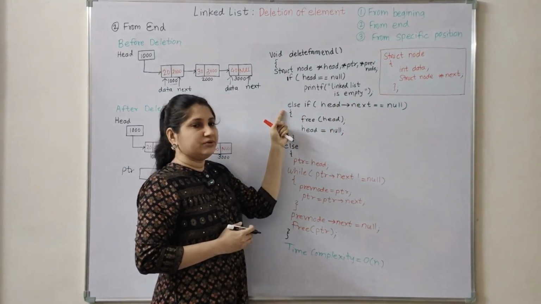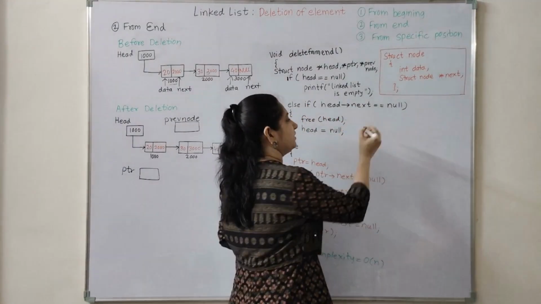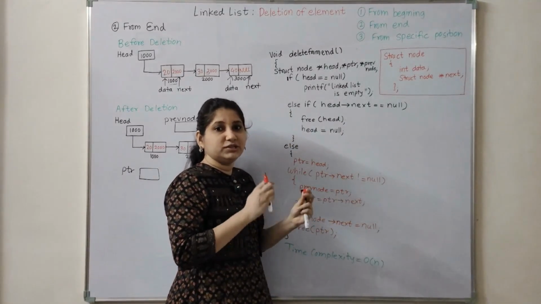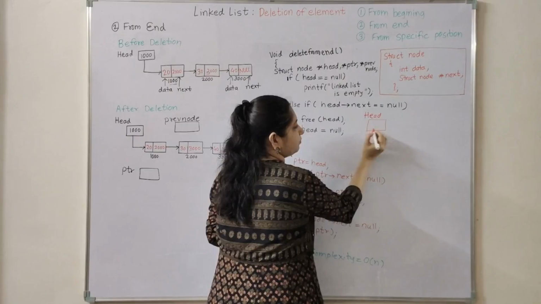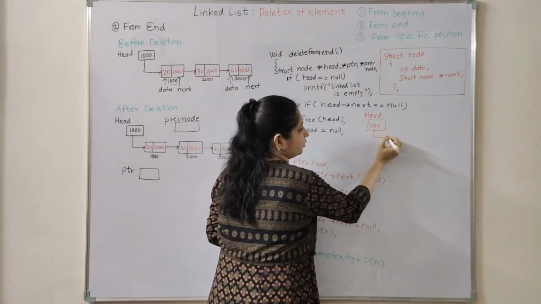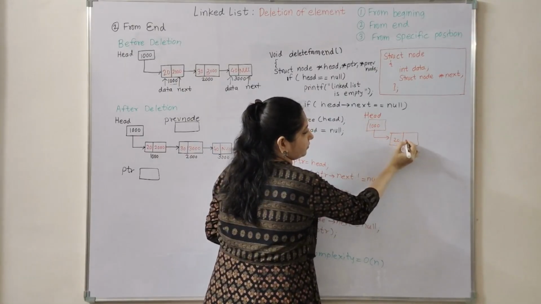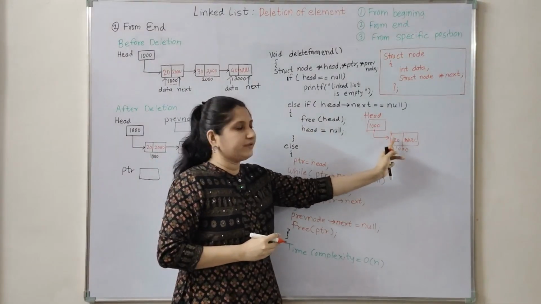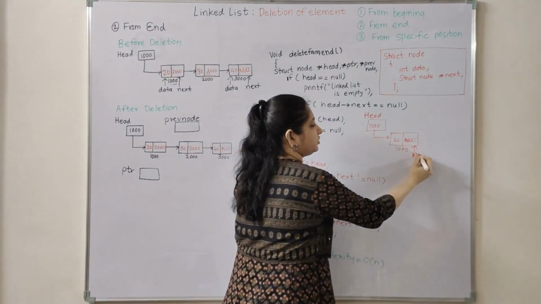Now in the else if, which is written as head of next is equal to null. For example, consider that in our linked list only one element is present. In that case, this is your head pointer which will point to the first memory location, stored at 1000. The value stored is 20 and the value of our head of next will be null.